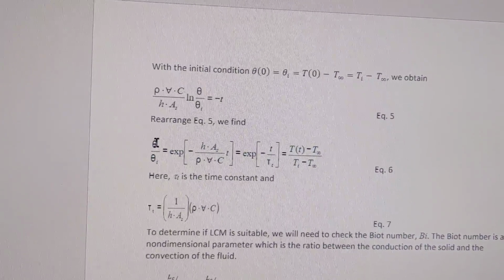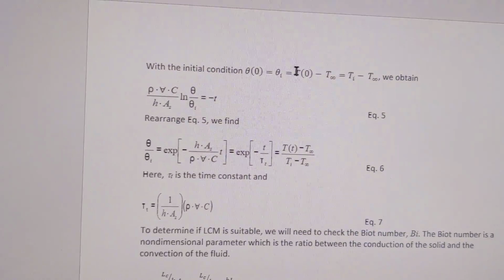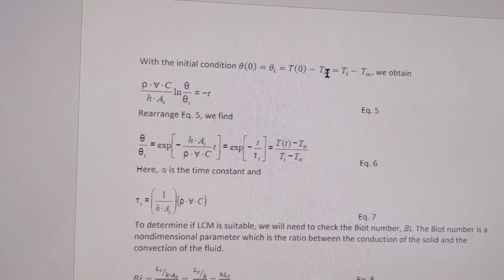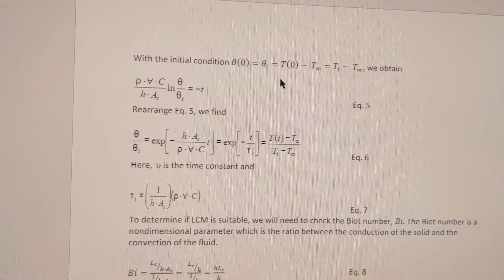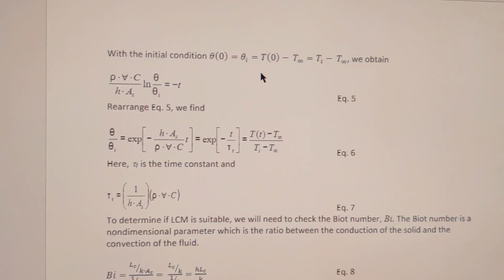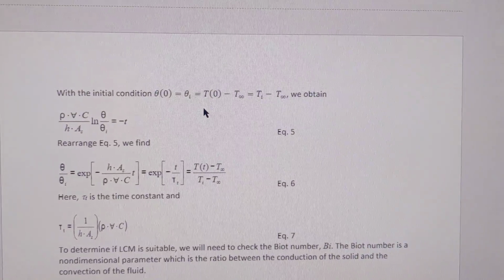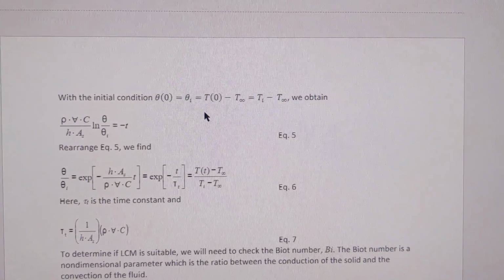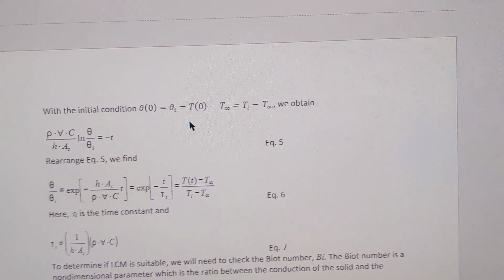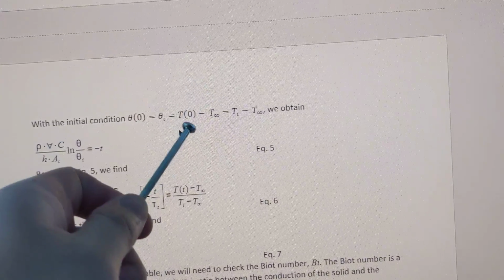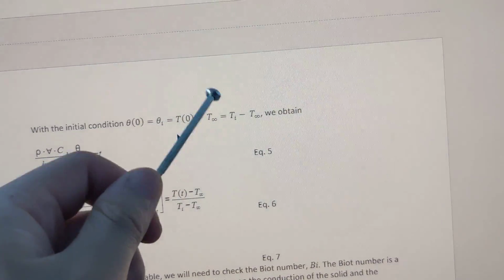We'll set that T of t approaching infinity. So once we get the ball temperature to be at the same temperature as the water surrounding it, then we can use our graph to compare to when T of t is equal to T infinity.